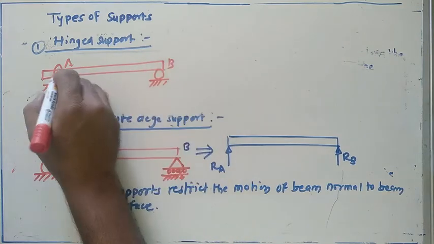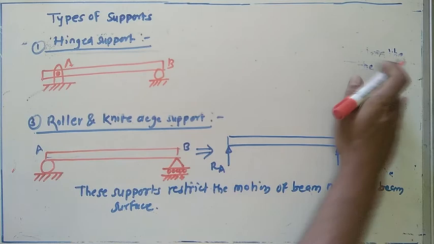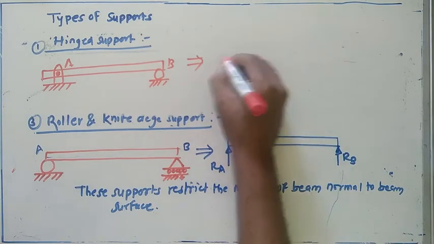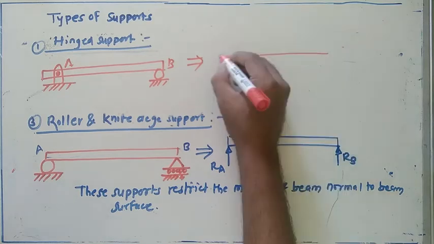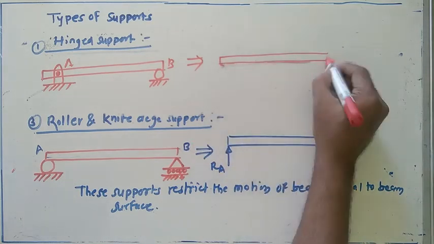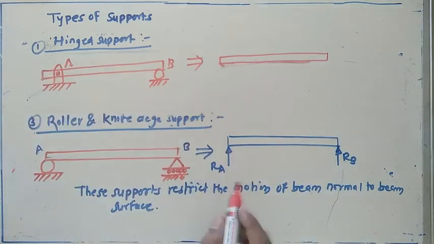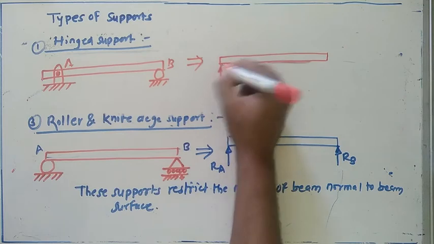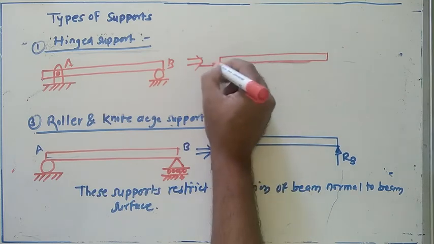So here is the A point with us, here is the B point with us. Now while drawing the free body diagram for this case, just draw the beam. Here is the support, so the reaction at this spot is like this one.